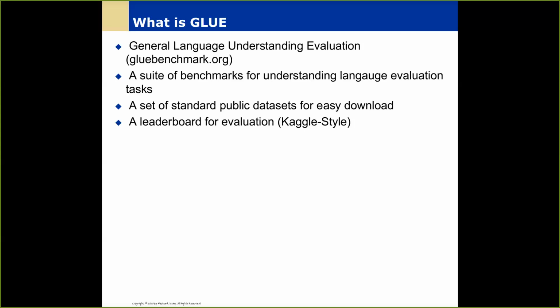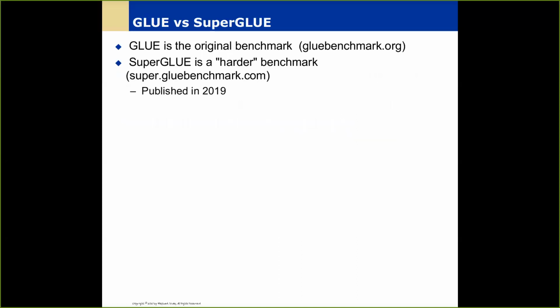So GLUE also has a Kaggle-style leaderboard, and we can take a look at which teams have the best score. Now, the original benchmark is called GLUE. Recently, in 2019, there was a publication called SuperGLUE, which is basically a harder benchmark.